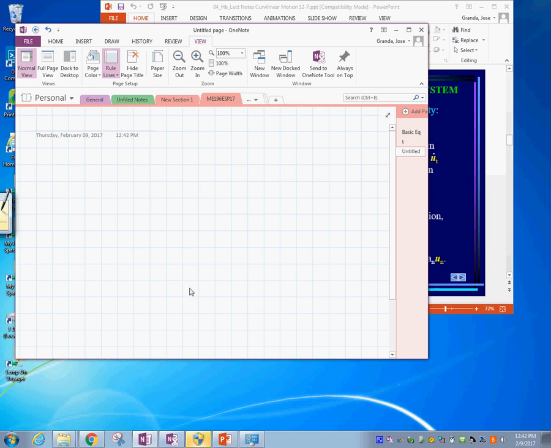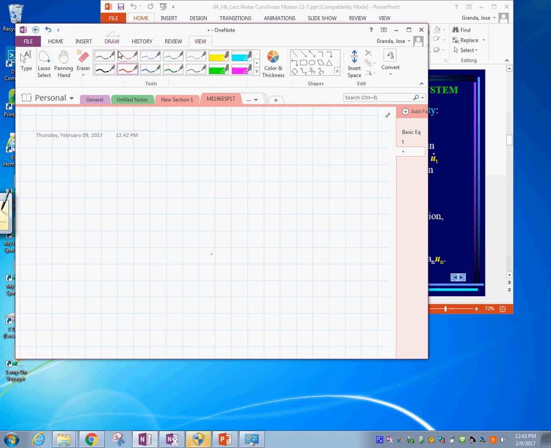So let's say that we have a situation where we can draw the axis here, and then you have the other one like this.